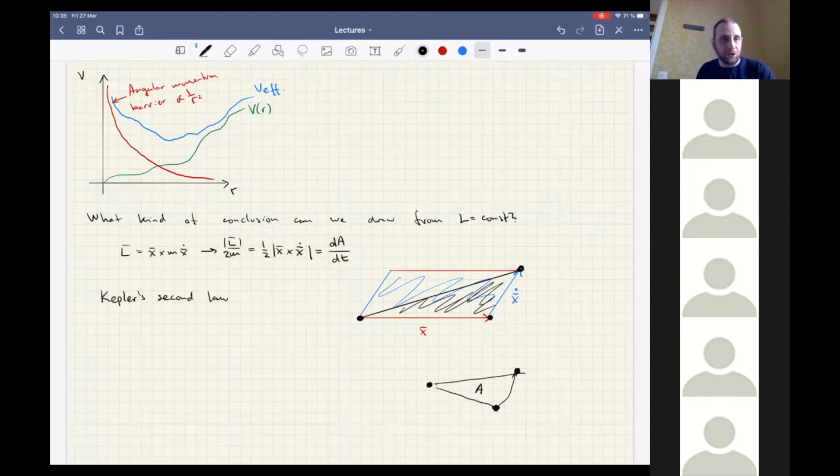This is actually not only true for the Kepler potential, but it's true for any central potential. It's just a consequence of conservation of angular momentum. Any questions on that?